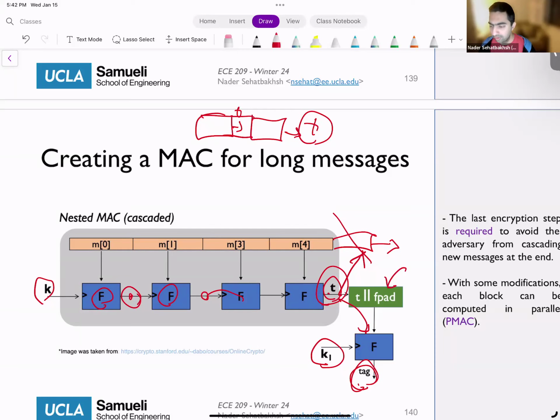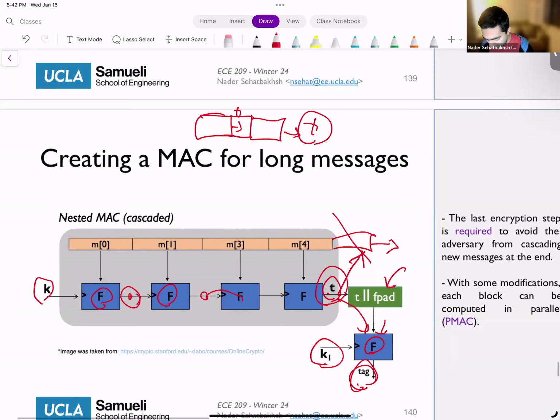This padding here is just to make sure that the size of this F is the size of the input of this function. In most cases, this T is the same size as before, so I don't need to be worried about this padding. But typically, you do this padding to make sure that this size is the correct size for this function, because this function and this function may or may not be the same.